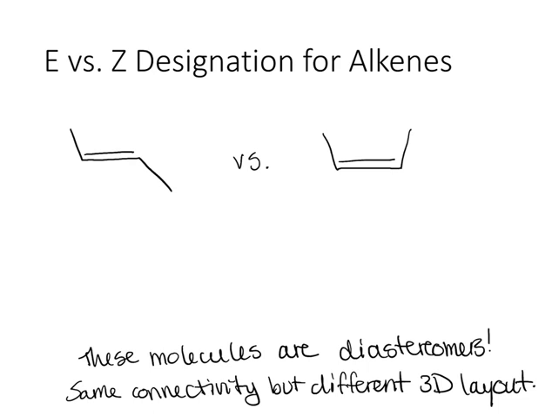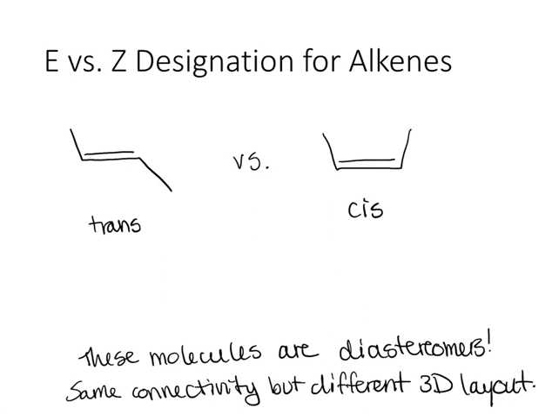So one way that we could name these two molecules is trans versus cis. And we'll learn how to name alkenes in more detail later, but one way that we could tell these two apart is by adding trans or cis in front of the name. However, there's one more way that we could designate these alkenes.